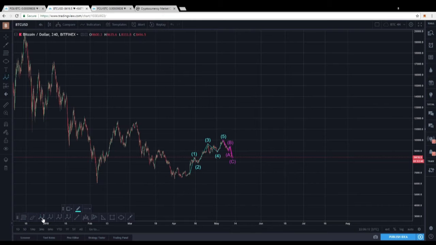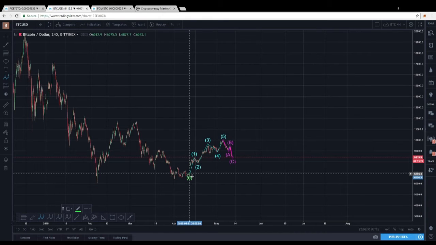We're going to change the color of this 5-wave pattern because it is a completely different 5 waves. We'll go with bright green. What do you say? And we'll thicken it just to drive the point home. We would actually start at the same point that we started our original first wave, right here.